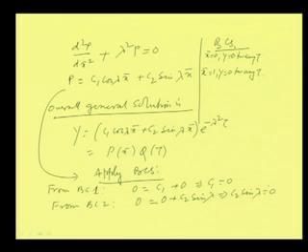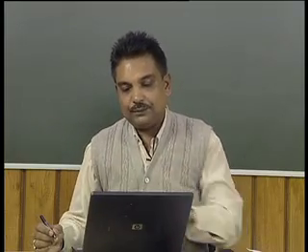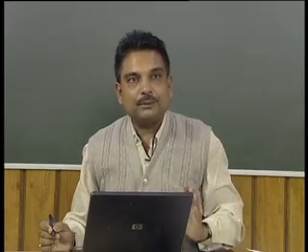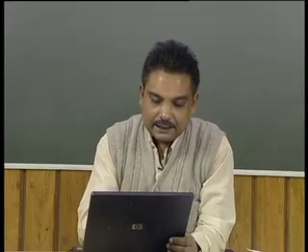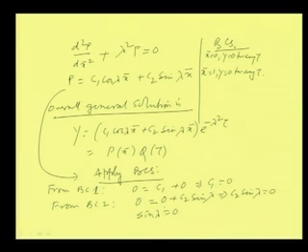Now, either C 2 can be 0 or sin lambda can be 0, but C 2 cannot be 0. If C 2 becomes 0, then the total thing becomes meaningless. So, the only possibility is that sin lambda equals 0.